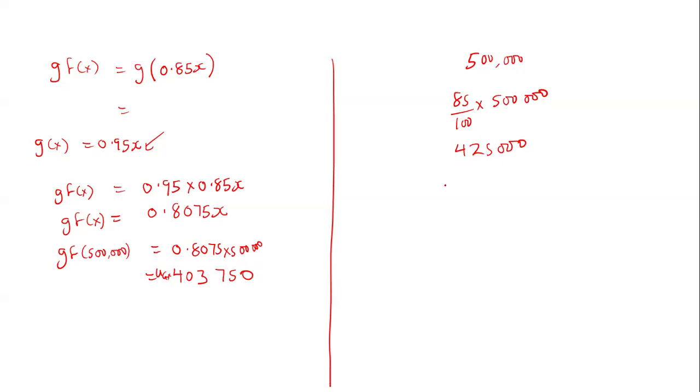Then they reduced again on this already reduced price. So the 5%, when you remove it, becomes 95 out of 100, times this amount. So that one times 95 divided by 100, you end up with 403,750, which is the same amount we have obtained.